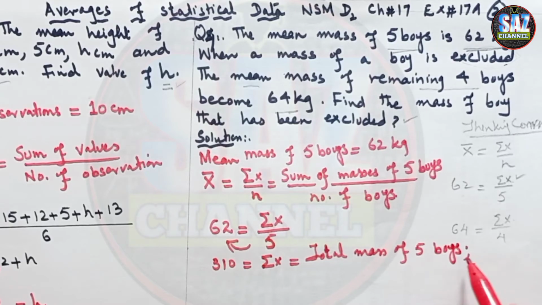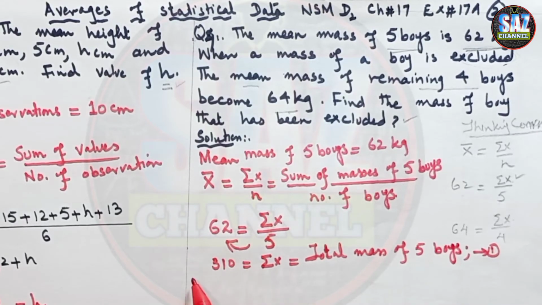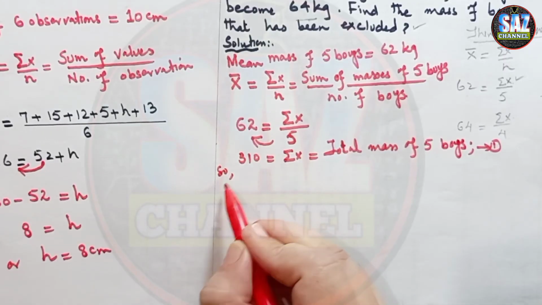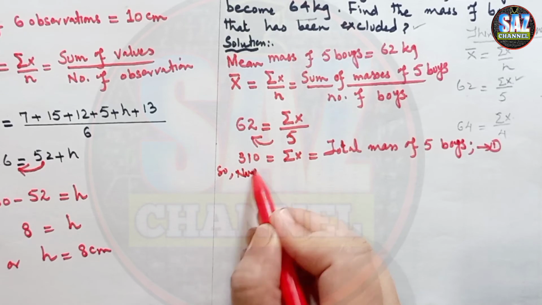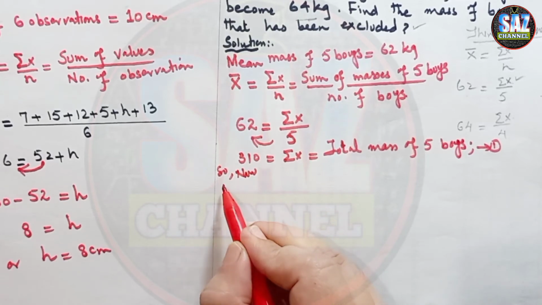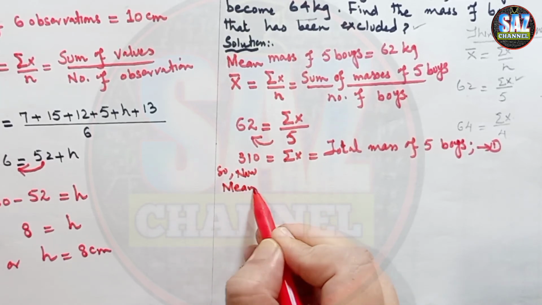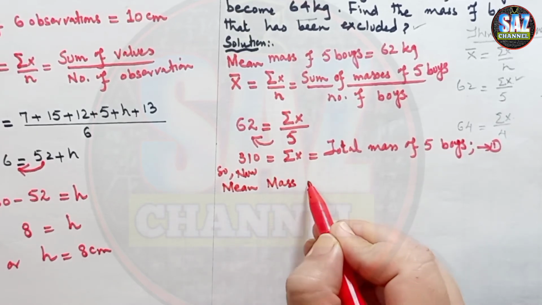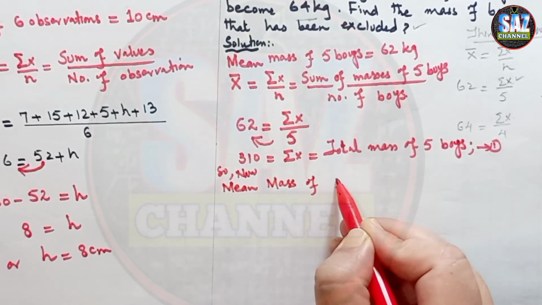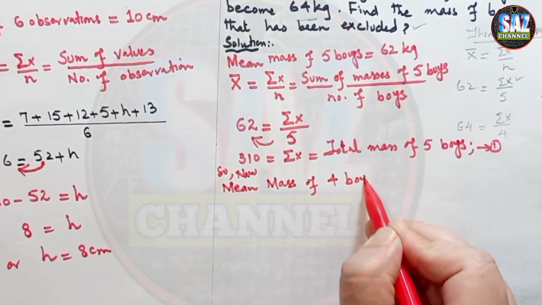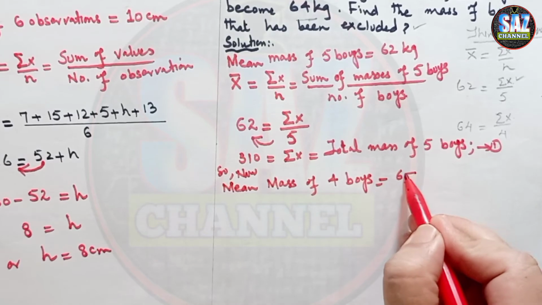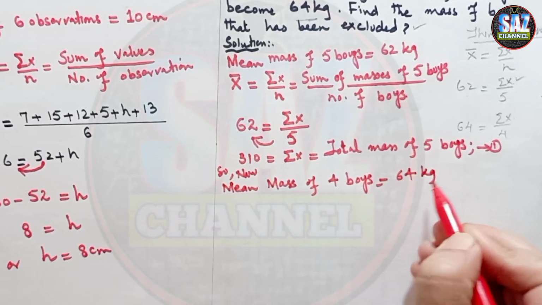Now, as one boy has left, the mean mass of 4 boys is 64 kg.